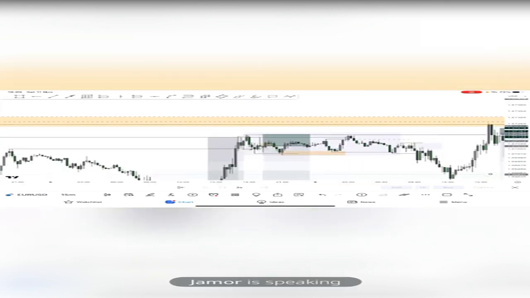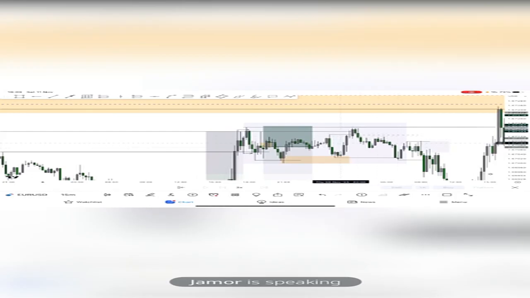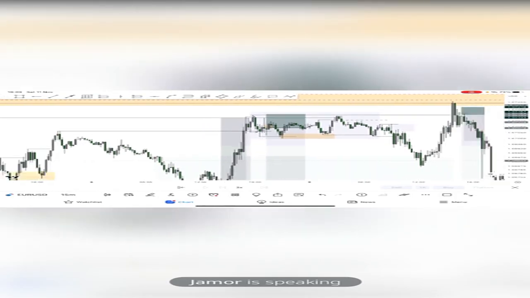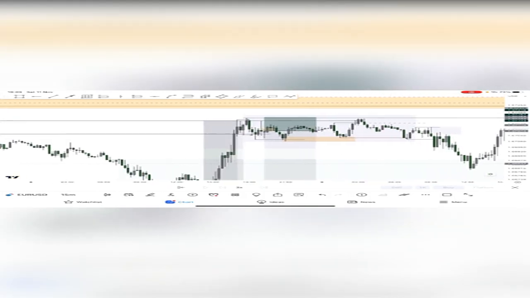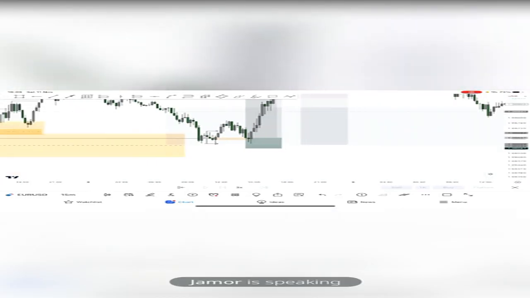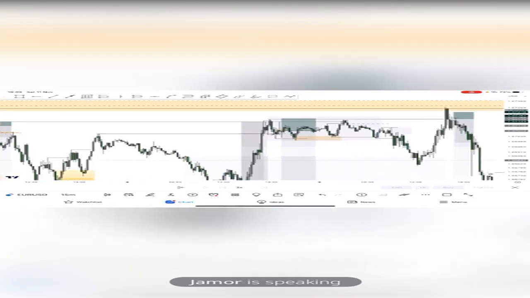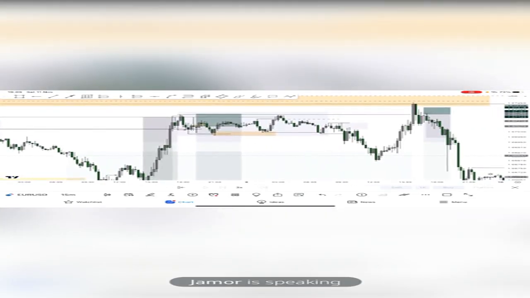So a situation like this isn't something I would have traded, because they did not give me my major structure. You understand? They gave a structure here, yes. But judging based off the range, this is the high of the range, low of the range, nothing. They didn't give a proper structure enough for me to say that this is what I would have traded.